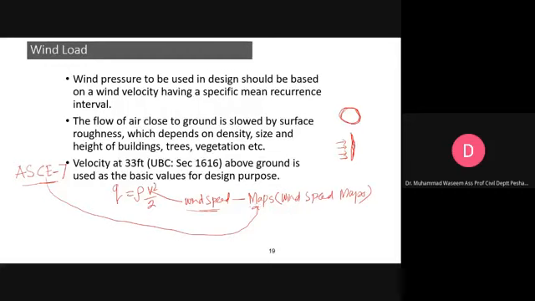These maps have been developed for 7% chance of occurrence in 50 years. So you should design your structure for the wind speed which corresponds to 7% chance of occurrence in 50 years, or a return period of approximately 700 years.